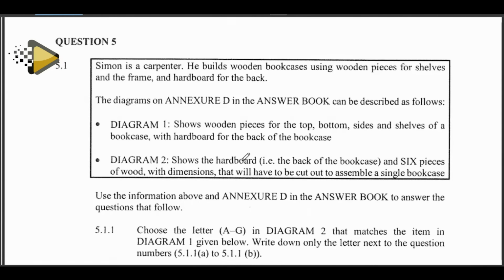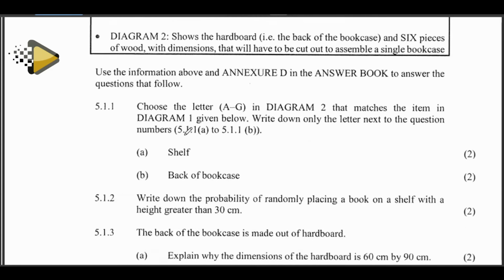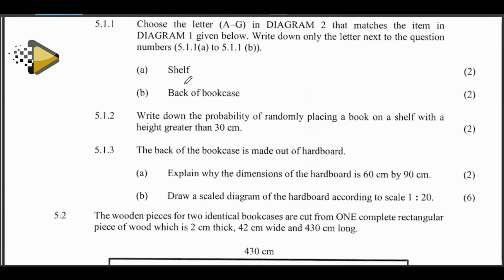Diagram 2 shows the hard body, i.e. the back of the bookcase, with 6 pieces of wood with dimensions that will have to be cut out to assemble a single bookcase. Use the following information above and annexure D in the answer book to answer the questions that follow.